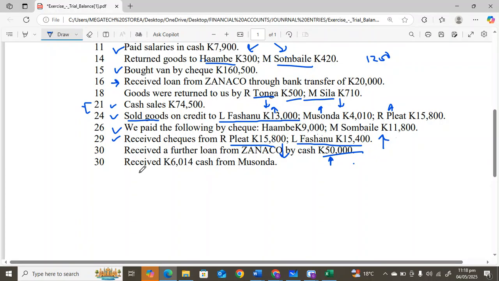Final transaction: received 6,014 cash from Musonda. Remember Musonda, we sold goods to him on credit.